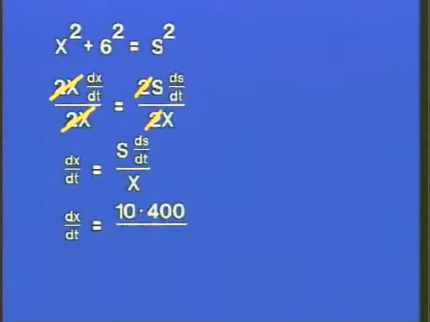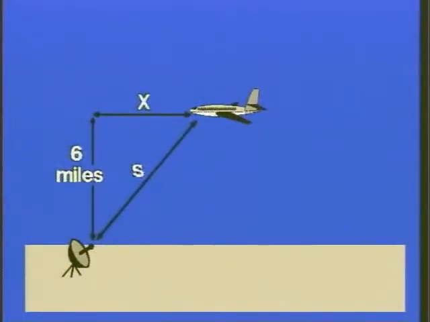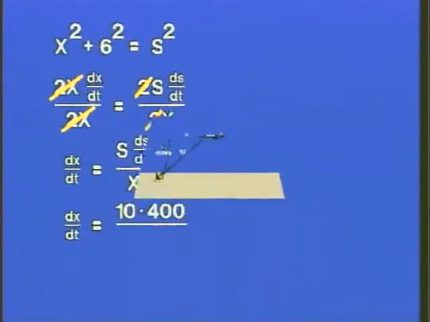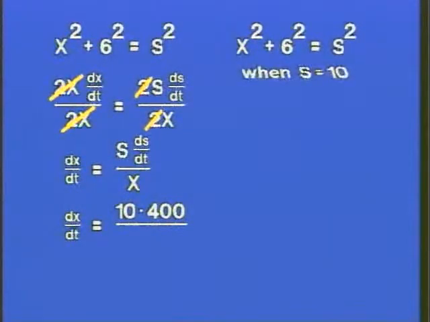Now, x is an interesting matter. x is this part at the top, and we can actually make a calculation for x at a moment in time when s is 10. So we can let s be 10 and solve for x. We can do that by taking this relationship at the top and making the replacement for s.